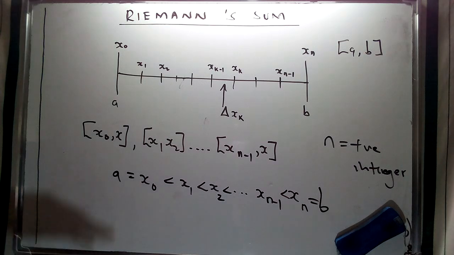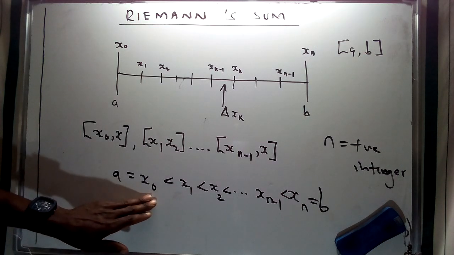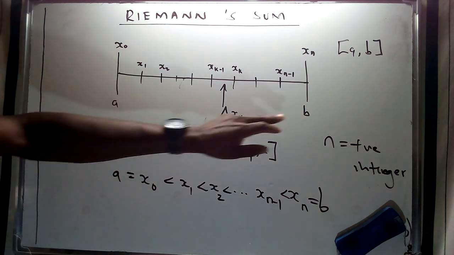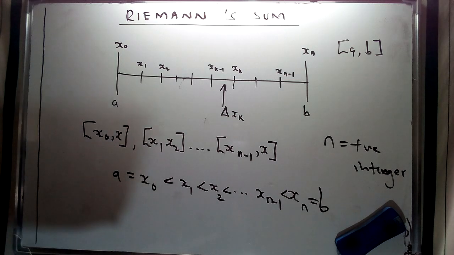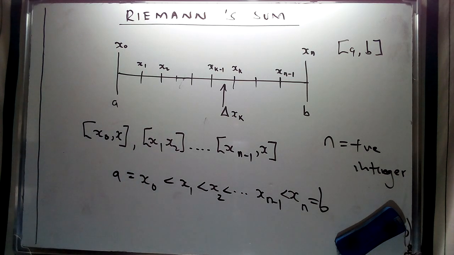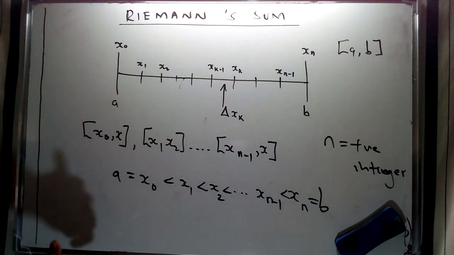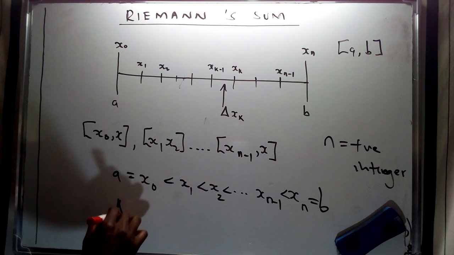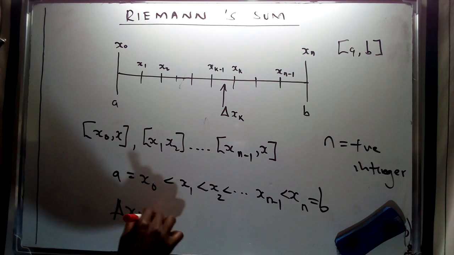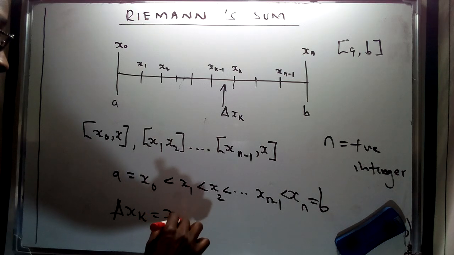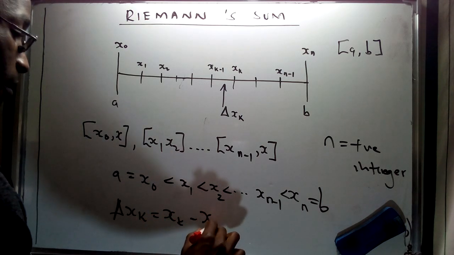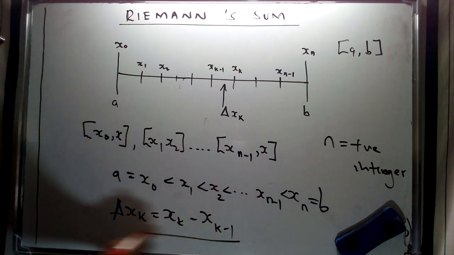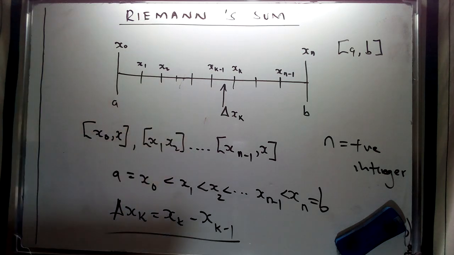So basically this means that a is equivalent to x0 and b is equivalent to xn. So the length of these specific divisions can be given as a general illustration, delta xk, which is equivalent to xk minus xk minus 1. So this is the length of this specific interval that I've given.